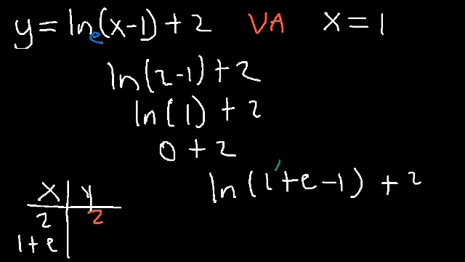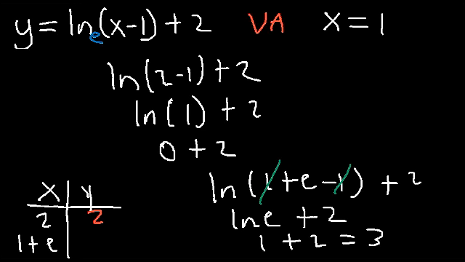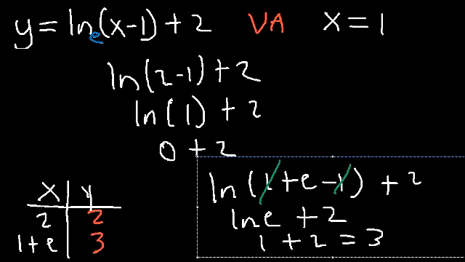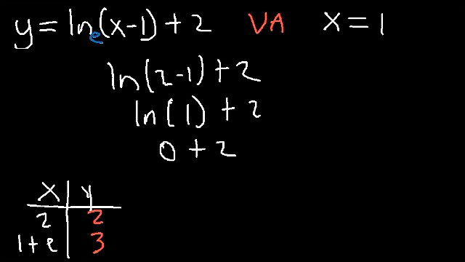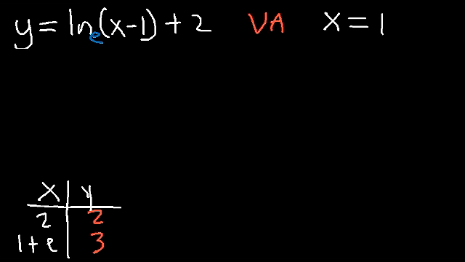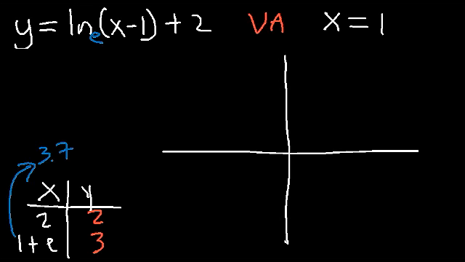So the 1's will cancel. And we're simply going to have ln e. Ln e is always equal to 1. 1 plus 2 is 3. So we have the point 1 plus e comma 3. Now keep in mind, e is 2.7. So 1 plus 2.7, the x value is about 3.7. So now let's graph it.